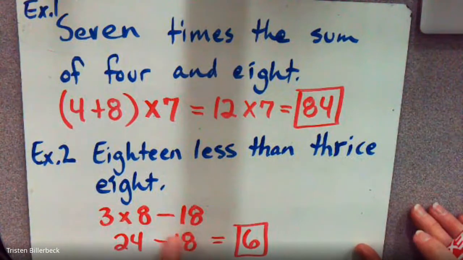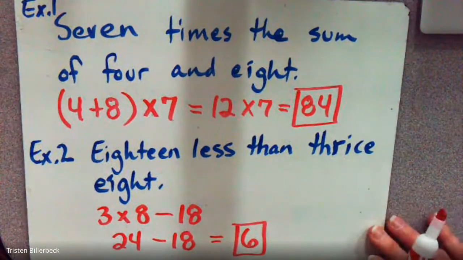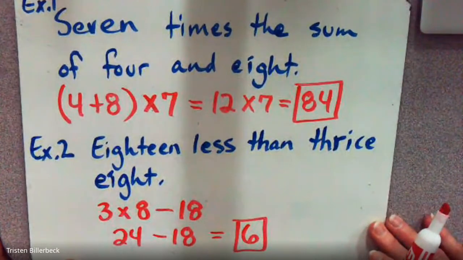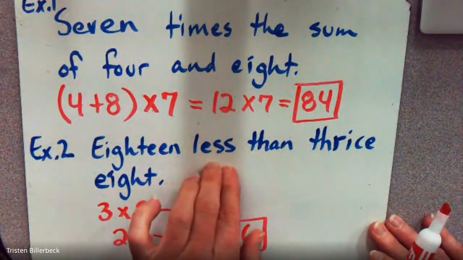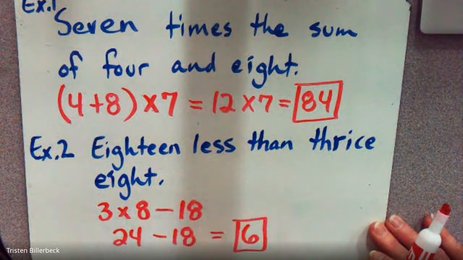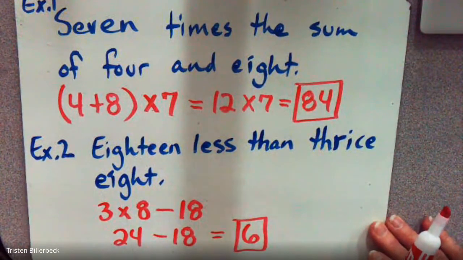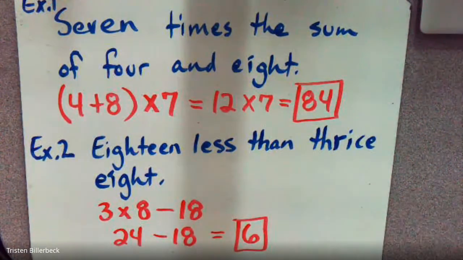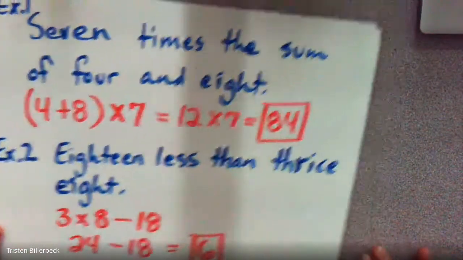If we had done 18 minus 24, we would have gotten a negative 6. So we need to be very careful about what it's saying. 18 less. So that means whatever we have, it's going to be 18 less. So that means we subtract 18 from whatever we have.